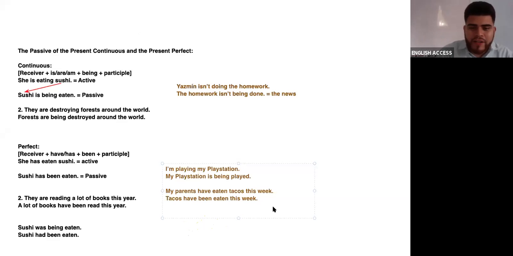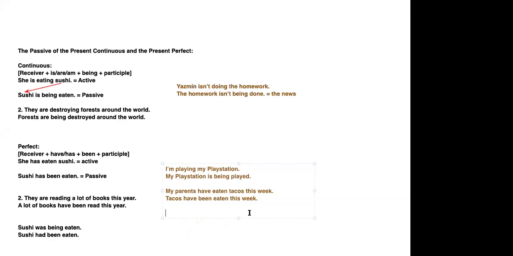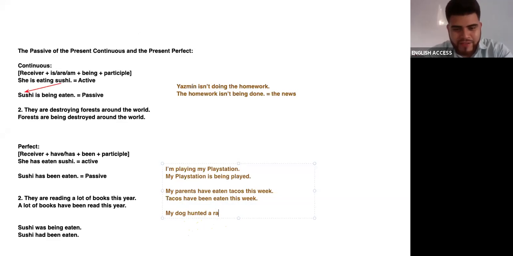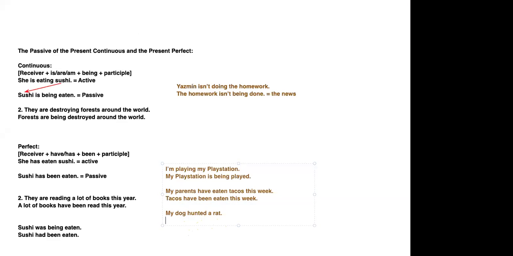Okay, sorry about that. Andres, what were you saying? The last one? My dog hunted a rat. A rat. My dog hunted a rat. And the past participle? In the past? A rat. Have been hunted.